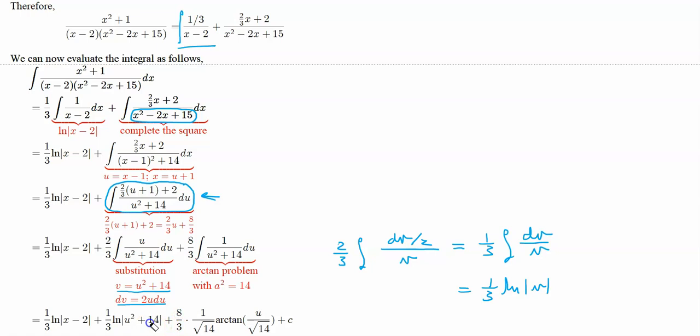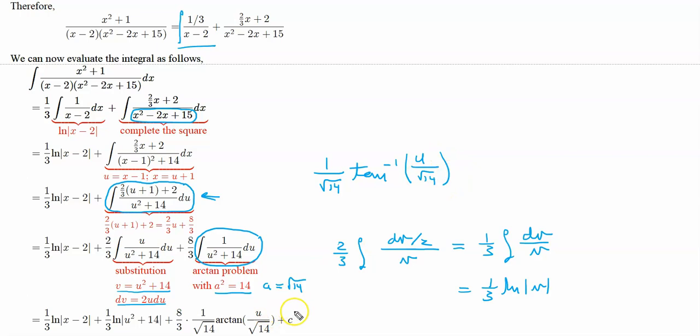And then the second one, this one right here, is an arctangent problem with a squared equaling 14. So that means that a equals the square root of 14. So this integral right here is going to be 1 over root 14 times the arctangent of u over root 14, right?